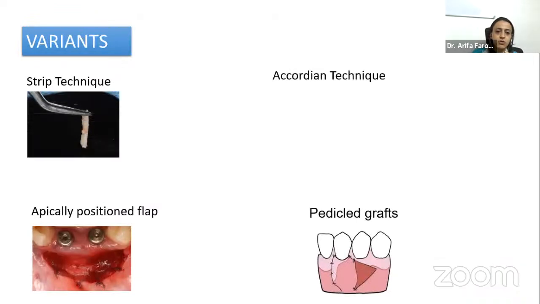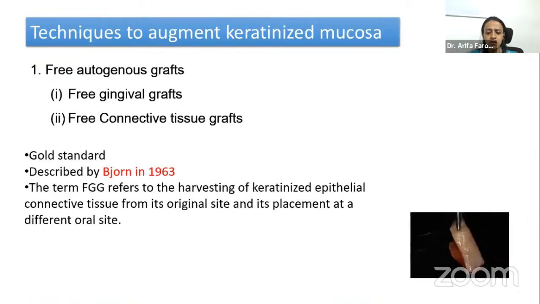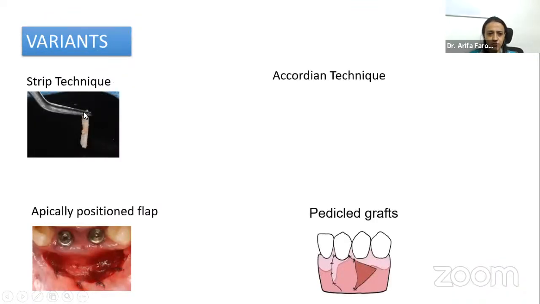So FGG is considered the gold standard and gives the most predictable results in augmenting keratinized tissues. The variants of free gingival graft include the strip technique, in which instead of obtaining a full big free gingival graft, we just harvest a single strip. By this we reduce the size of the donor site and the size of the wound, and because of the narrow wound margin, there will be rapid epithelialization and rapid healing of the wound site.